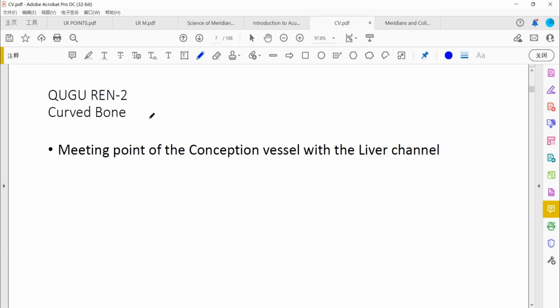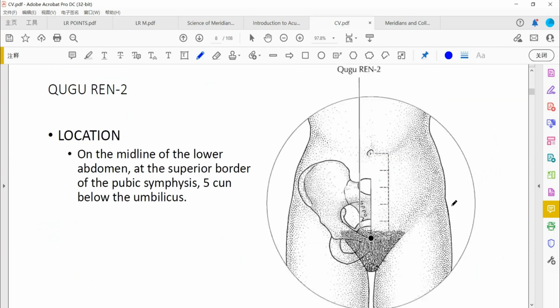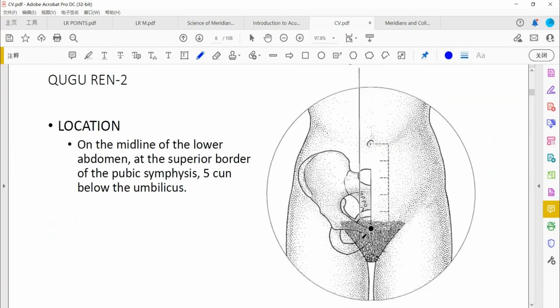CV2, Qugu, curved bone, meeting point of the conception vessel with the liver channel. We just started the liver, right?